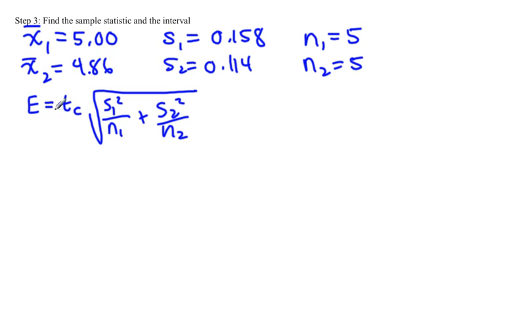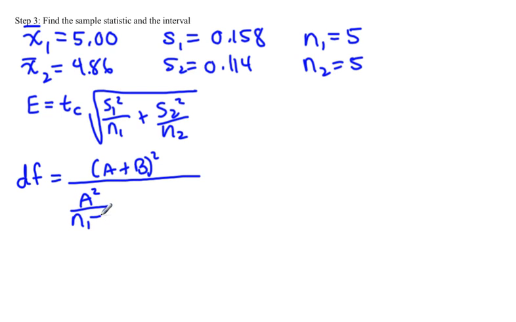Now to get t sub c, we need to know the degrees of freedom, and this is where an independent test is a little bit more work. I would highly suggest that you just use technology to calculate this, but we'll go ahead and do this problem outright just to show you how it works once. So this is the formula for the degrees of freedom.